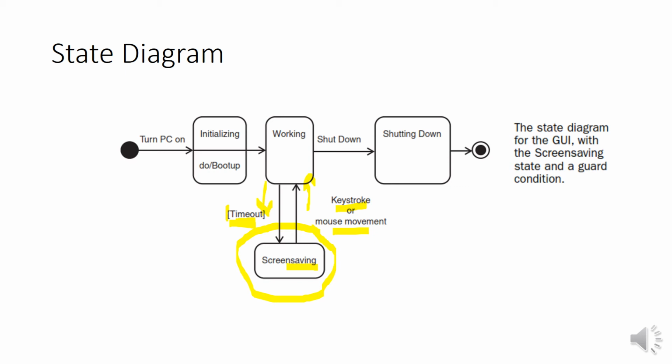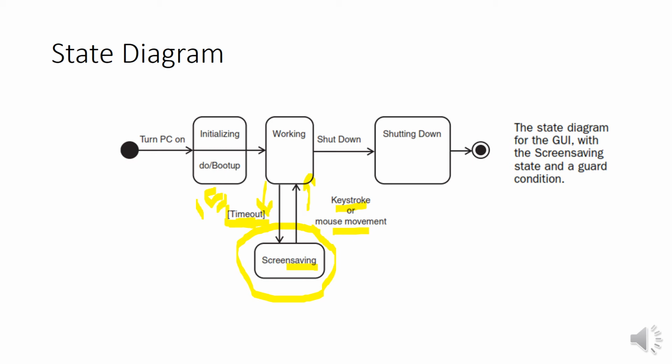So in this diagram we have added another state which is the screen saving state, and we have mentioned a guard condition. Guard condition we mention in square brackets, which is a Boolean condition. In this case the timeout is, you can say, 15 minutes.